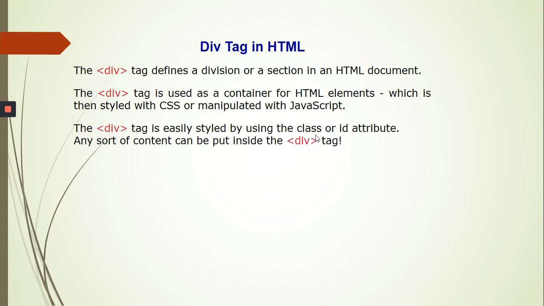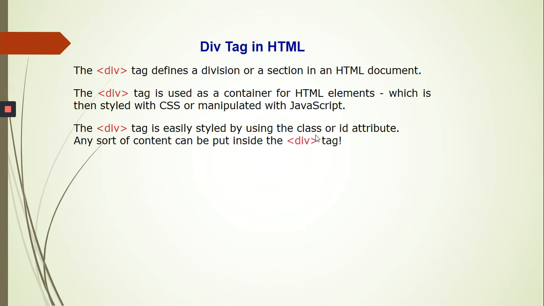The division tag can be styled using the class or the ID attribute. I hope we all remember what the class and the ID attribute are. And we can write any kind of content. You can write a big paragraph, you can write a single word or a single line.